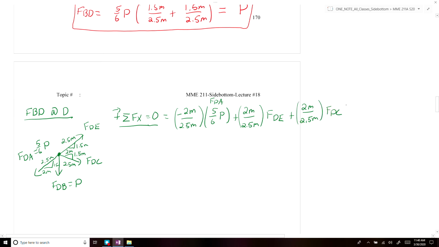So if we rearrange all of this, we move everything to the other side, and we end up getting FDC equal to 5/6 P minus FDE.